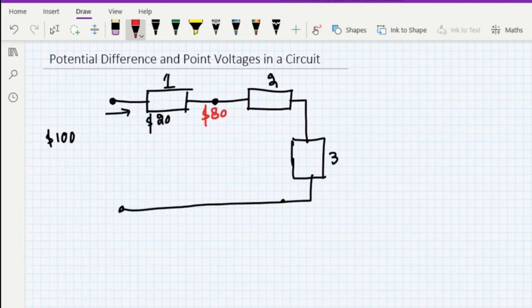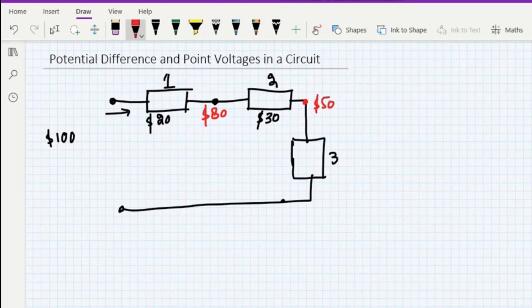After it you enter the second shop, and here you consume, let's say, $30. After leaving this shop, how much money would you have? 30 out of these 80, so you will have now $50.